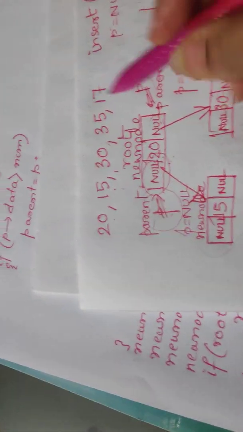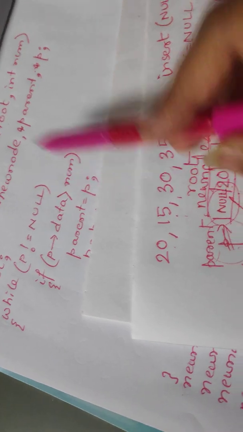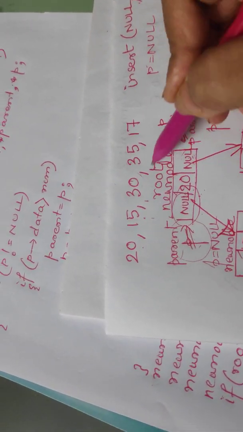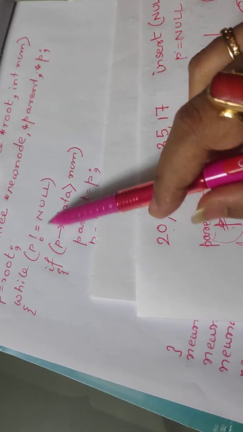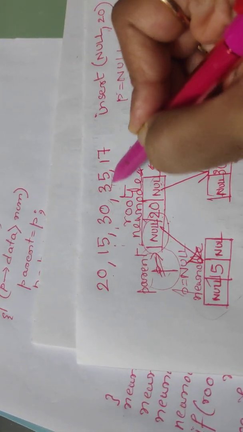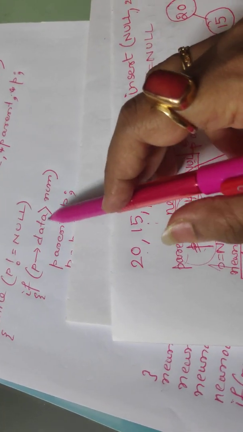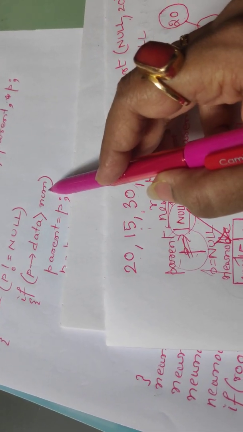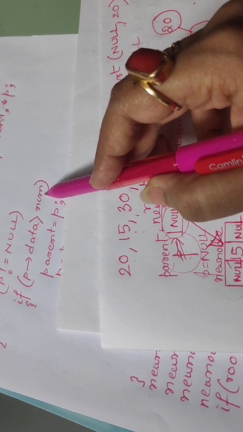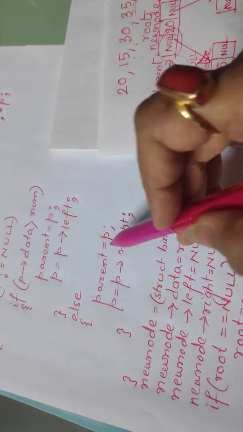Again p becomes the root, so this is the root node p. While p not equal to null, that is true. If p data is greater than num, what is the num value? Num value is 35. P data greater than num, that means 20 is greater than num, is false. So we will come to the else part.